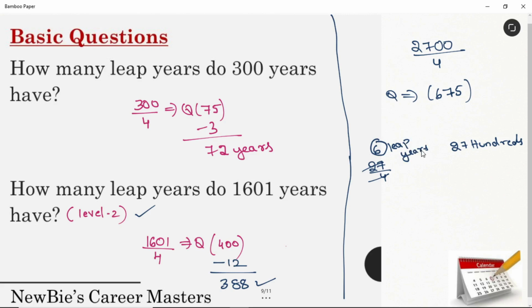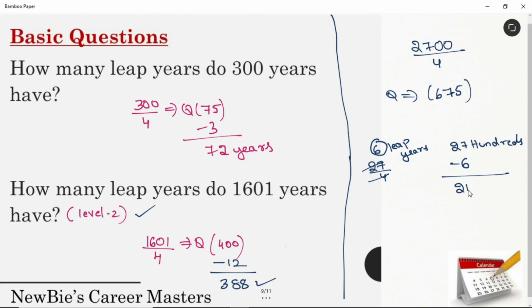That means 400, 800, 1200, 1600, 2000, 2400. These are 6 leap years. Clear? Now, I'll subtract that leap years count from this 2700s. What we'll get?